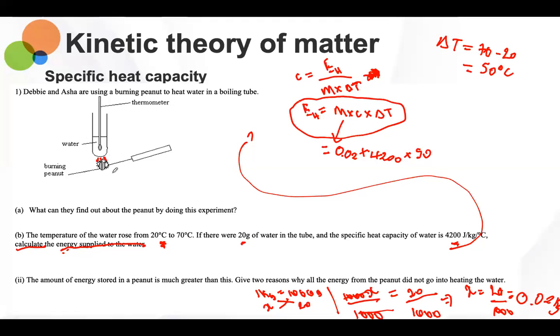Because the heat is not concentrated on the tube. Right, so some of it is lost to the environment. We have heat lost to the environment, and not all of the peanut could be burnt as well, right? So it just could be a small portion. Some of it might go up in smoke, and all these other factors.